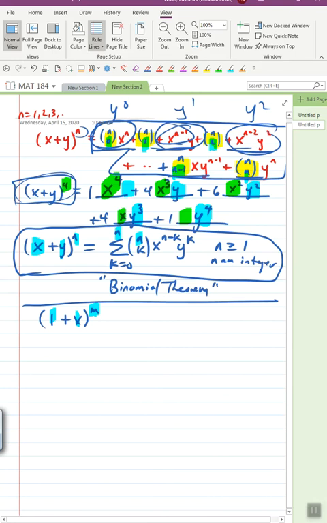That's just customary. The reason for the change from n to m is because in the binomial theorem, that n has to be a positive integer. With what we're going to do next, this m right here does not have to be an integer. It could be a fraction, for example.